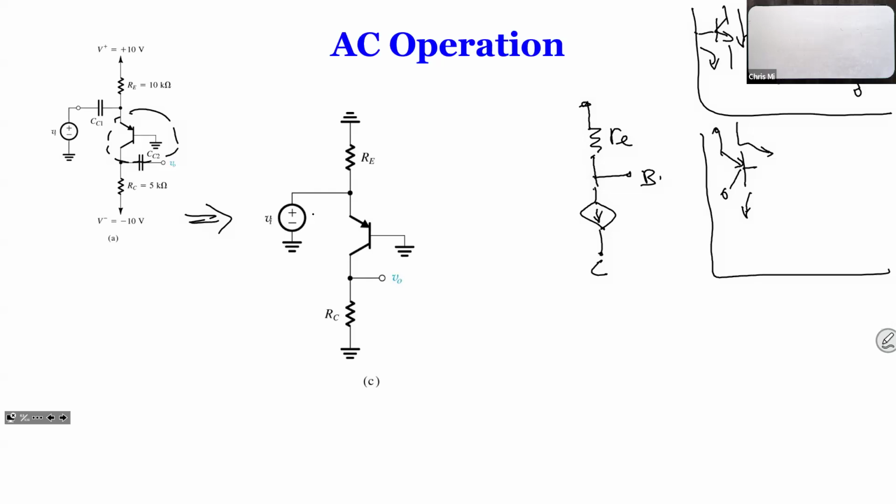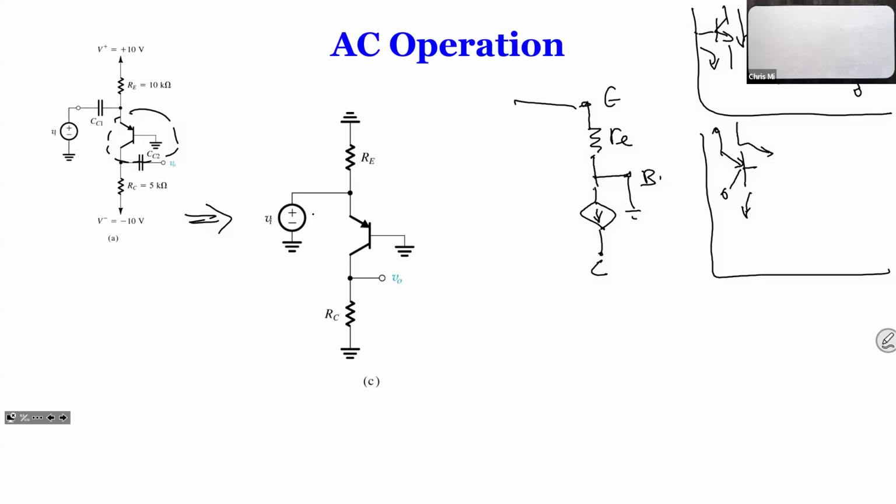Okay, so now we have our small signal equivalent model. So what we need to do is connect all the components at each terminal. We're going to start with the base. Where is the base connected? Ground. And okay, what is the emitter connected to? The emitter is connected to two things actually.